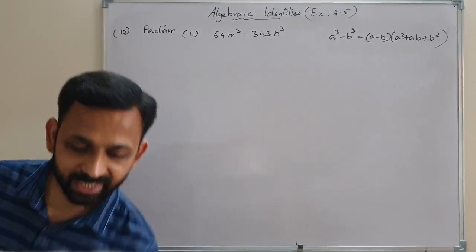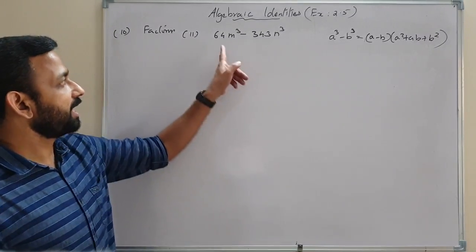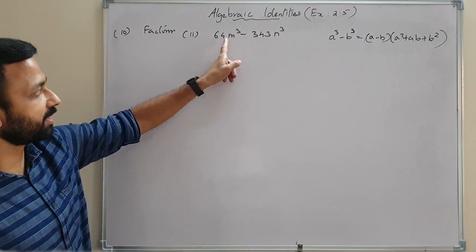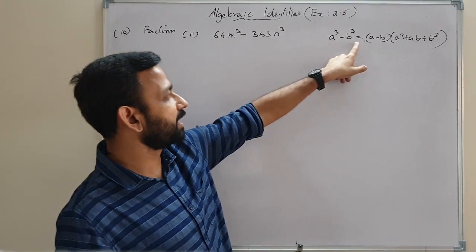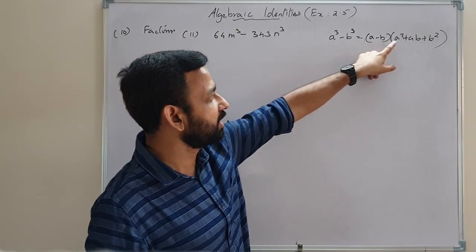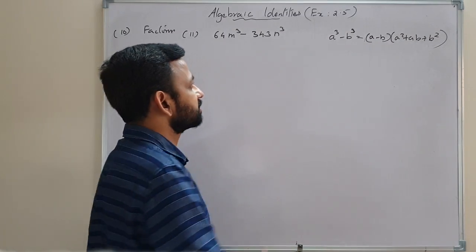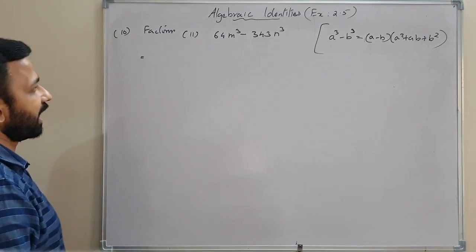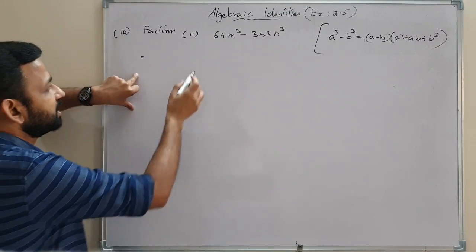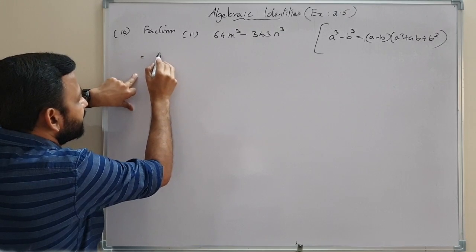So the corresponding identity we are using is a cube minus b cube. So we need to reduce this expression into a cube minus b cube form.